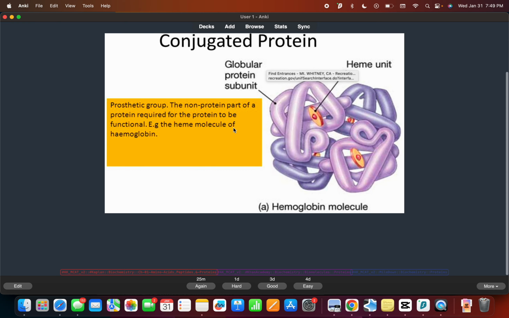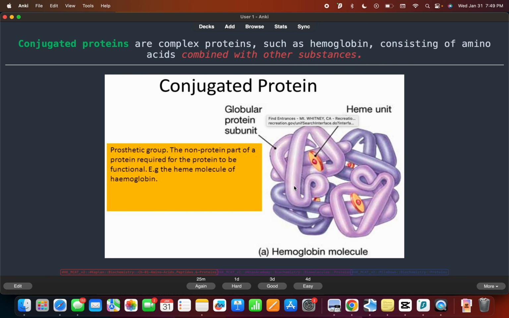So finally, these are what they are. An example of a conjugated protein is hemoglobin. These are amino acids combined with other substances like heme. The prosthetic group is the heme, the non-protein part of a protein. The heme molecule is the required prosthetic group.